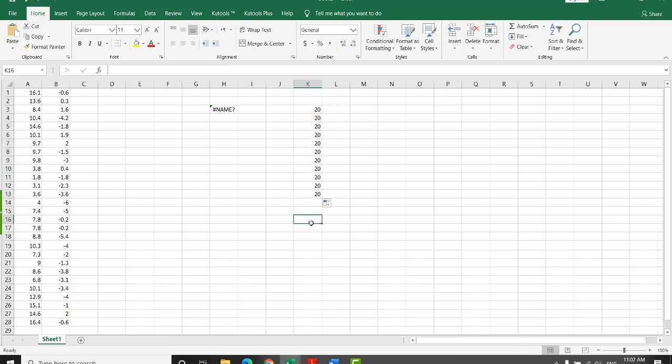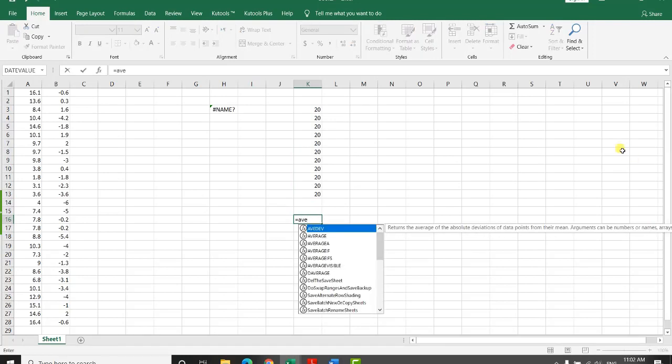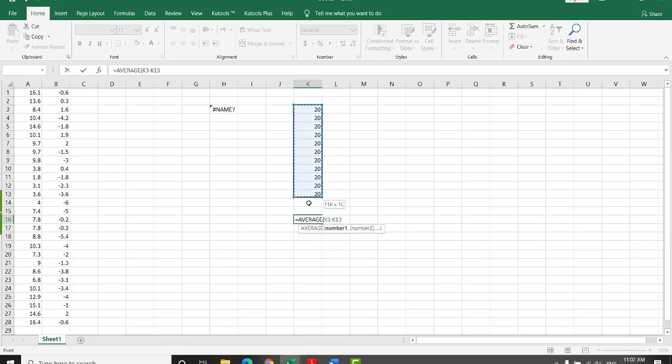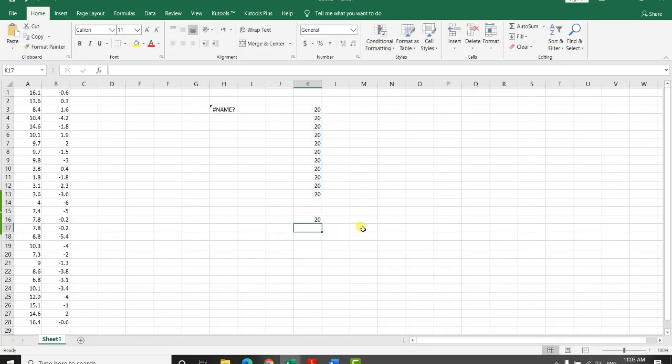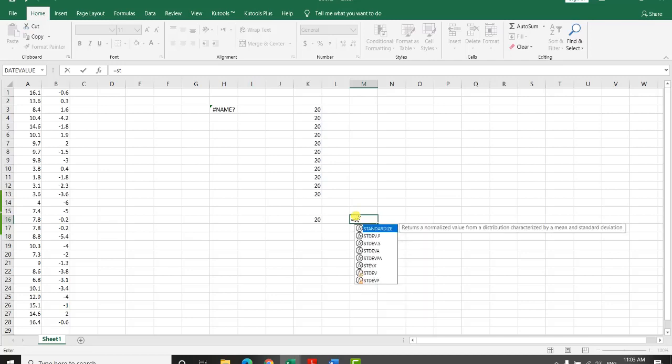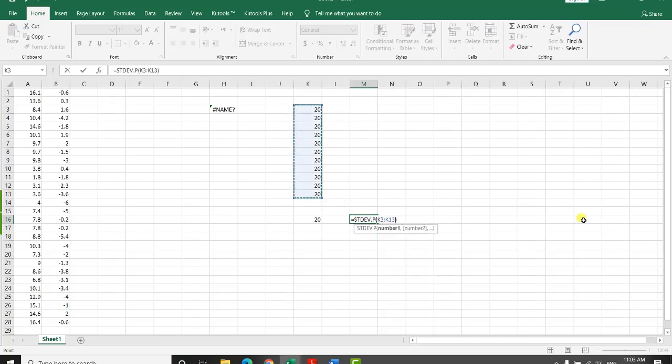Then you first have a mean of this data set. You have an average that is obviously 20. So then you want to go through standard deviation. Its result is 0. Why?